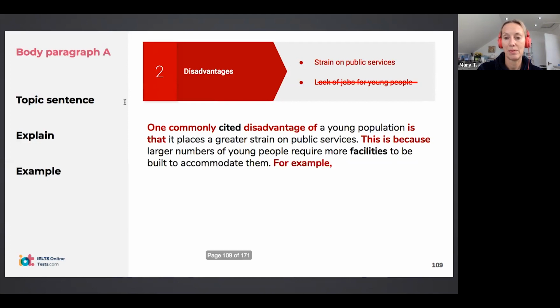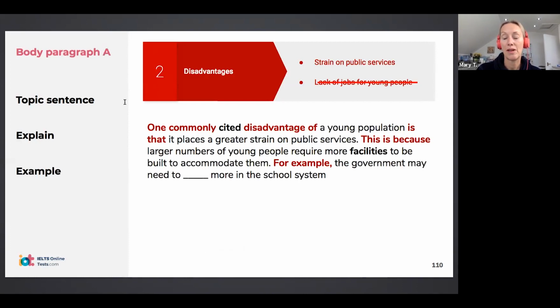And then an example. Okay, so again, a linking phrase. So for example, the government may need to something more in the school system. Yeah, invest, that's right, Tane. Invest more in the school system, which requires additional public, something to do with money, like taxes, funding or spending, yeah.